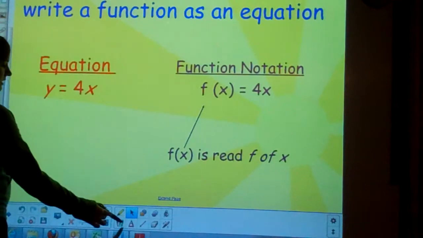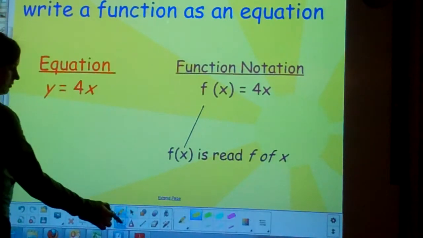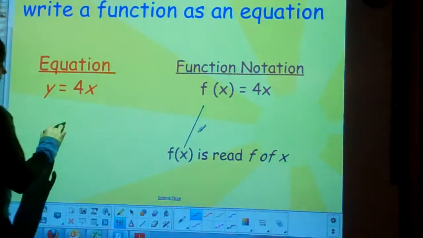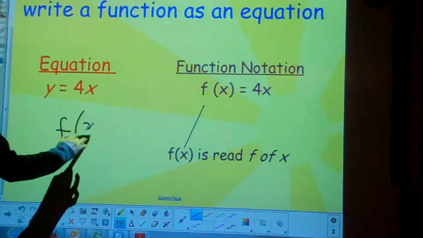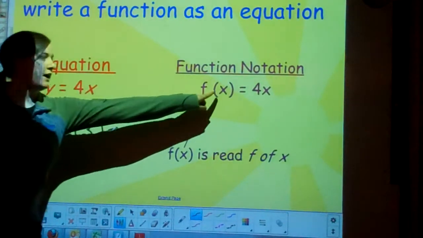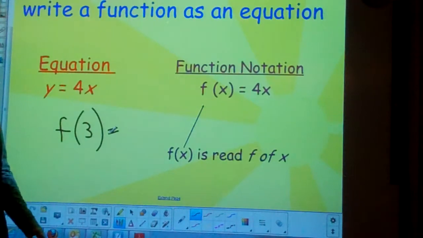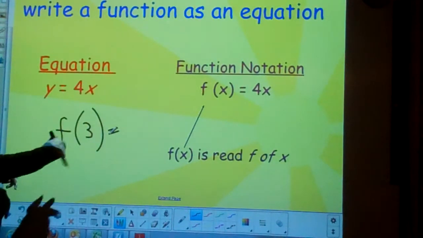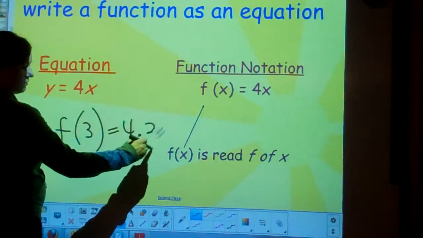And this is telling us whatever we're going to put in for x, like if we have f of 3, that means wherever we see an x, we're going to put in a 3. So f of 3 would equal 4 times 3.